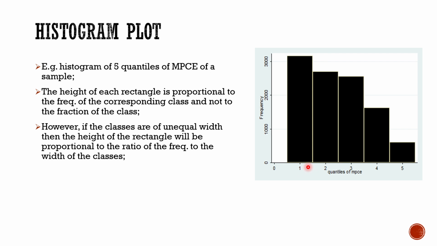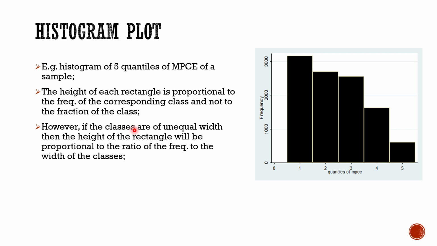If d is 1, then d by 2 is 0.5, and the class would be 1 minus 0.5 and 1 plus 0.5. So the class is actually from 0.5 to 1.5, and this is the height of this rectangle, and you can see it is proportional to the frequency of the corresponding class.